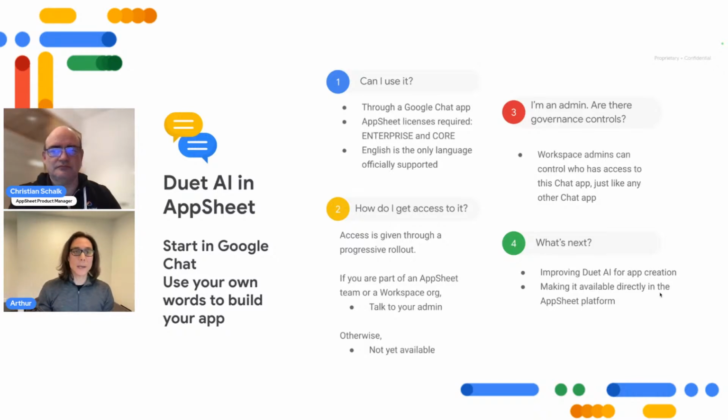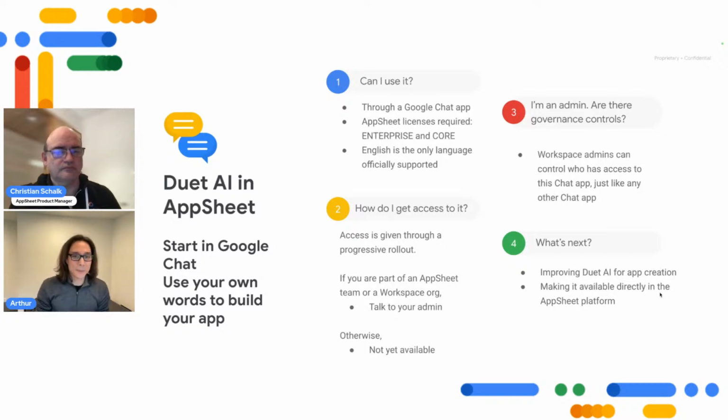Because Duet AI in AppSheet for app creation is available through a Google Chat app, it's just like any other chat app. As a result, the Workspace admin will be able to control who has access to this particular chat app, or to any of the chat apps, right? So if you're aware of this, then you can ask us, and we will roll it out, and then you can decide who gets access to it if you want to restrict it.